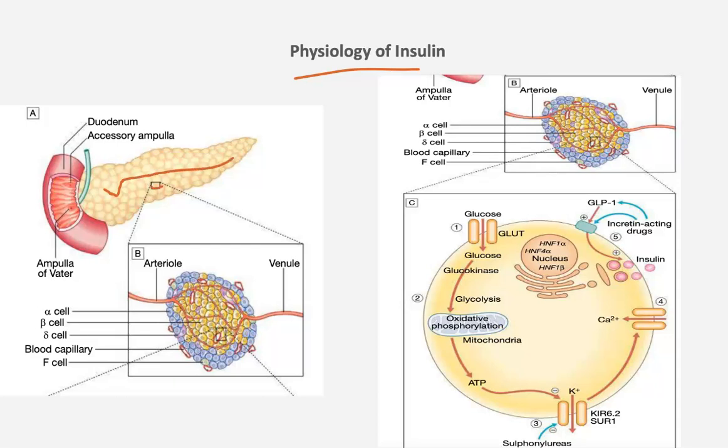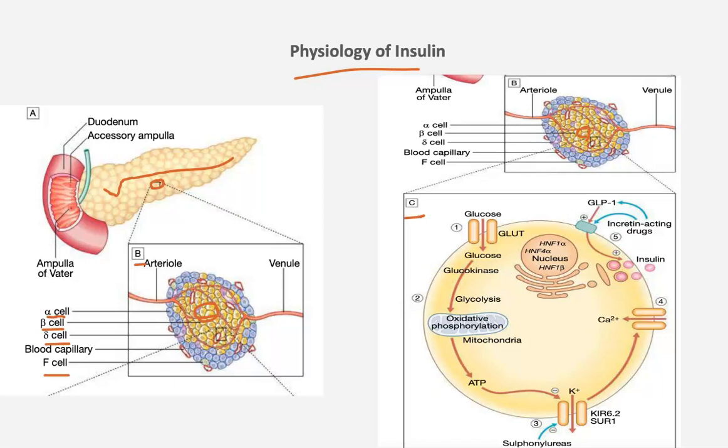When we look into an islet, here it is, figure B. The core of the islet consists of beta cells that synthesize and produce insulin, which is surrounded by a cortex of endocrine cells that produce other hormones, including glucagon from alpha cells, somatostatin from delta cells, and pancreatic polypeptide from F cells. Okay, so when we magnify a beta cell, here it is, figure C.